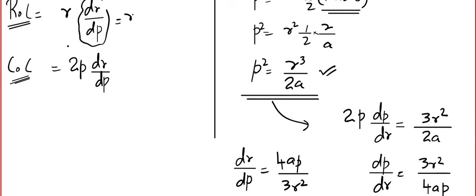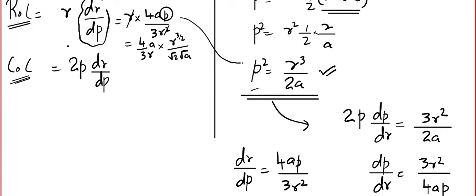So we get r into 4ap by 3r square. Now you can do one thing. You can replace this p from here. So we will get 4 by 3. r will get cancelled. a will be here, and p is r to the power 3 by 2 by root 2 into root a.